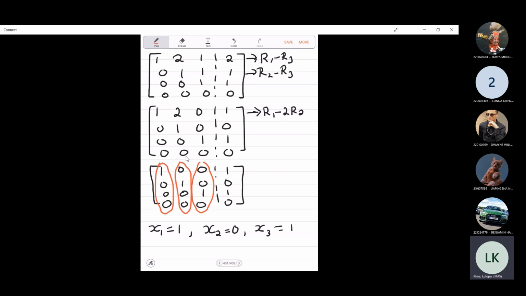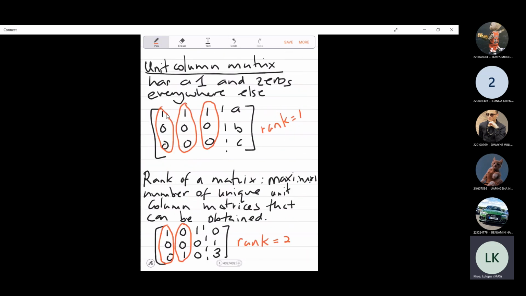So if a matrix has a rank of 1 like this one, even if we take different paths to get to this point here, you will notice that the rank of the matrix is always equal to 1, no matter how you perform the Gaussian elimination, because like I said, it's not a unique path. There isn't just one way to do it. There's several ways that you can work it out.